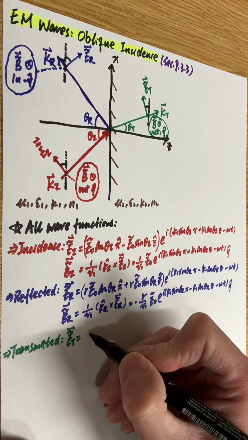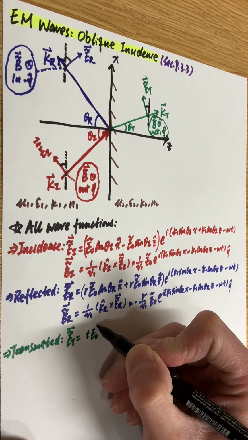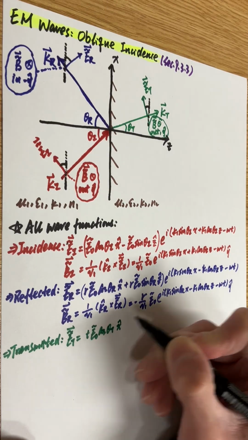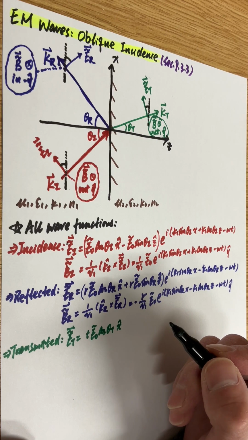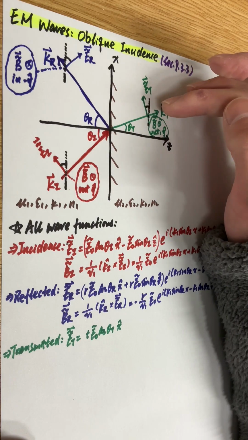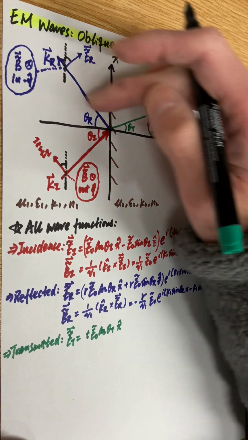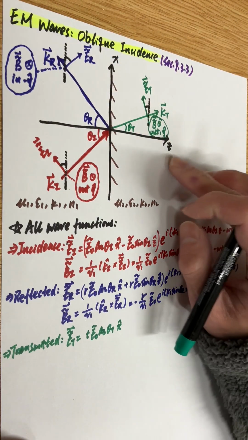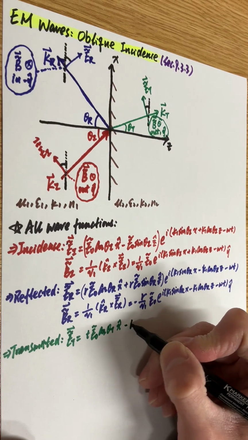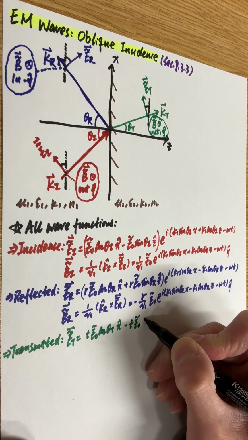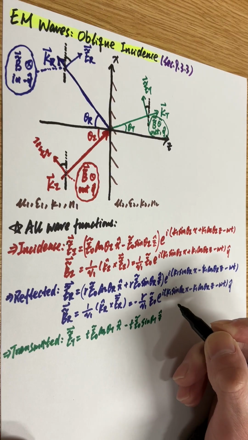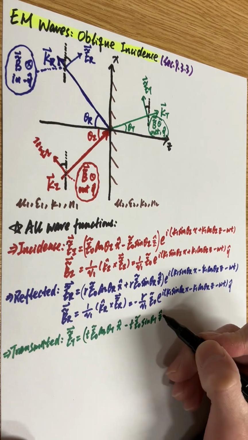So we have T E0 cosine theta t x direction. And then the horizontal component is the amplitude times sine theta t, but opposite to the z direction, so minus T E0 sine theta t z direction. Yes, so that's the polarization.